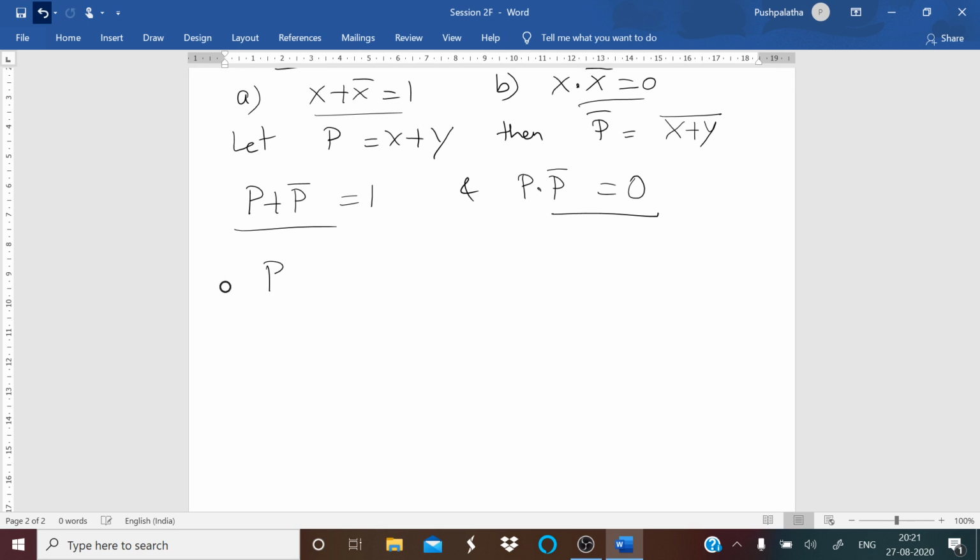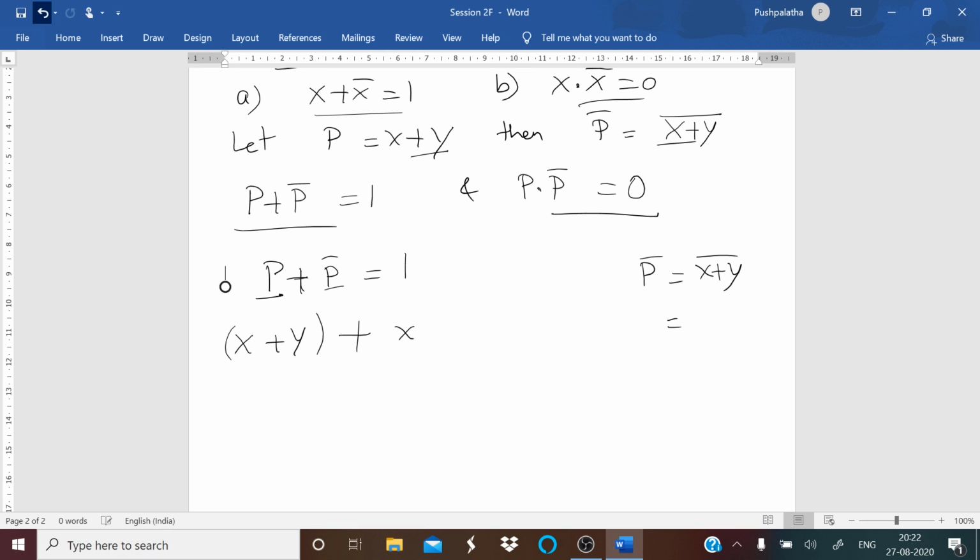So let us take the first part. p plus p bar is equal to 1. What is the value of p now? x plus y. So x plus y plus, what is p bar? p bar is x plus y the whole bar. So using the complementary laws, what happens?